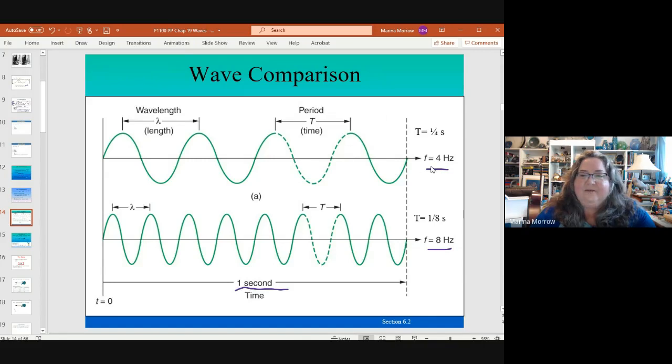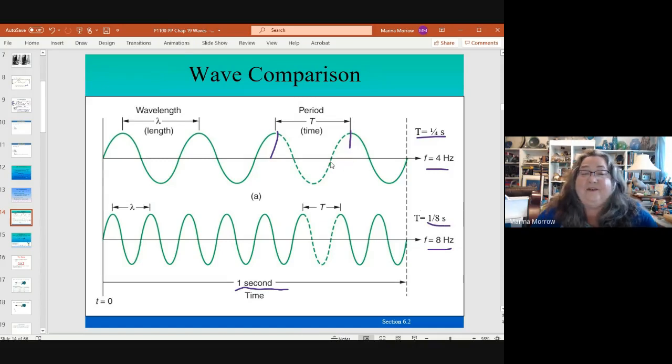You can see, though, that one achieved 4 waves in 1 second, and the other one achieved 8 waves in 1 second. And you can see that that makes their periods different. One takes 1/4 of a second for each wave, right? So the 1/4 of a second. The other one manages to squeeze a whole wave into 1/8 of a second.